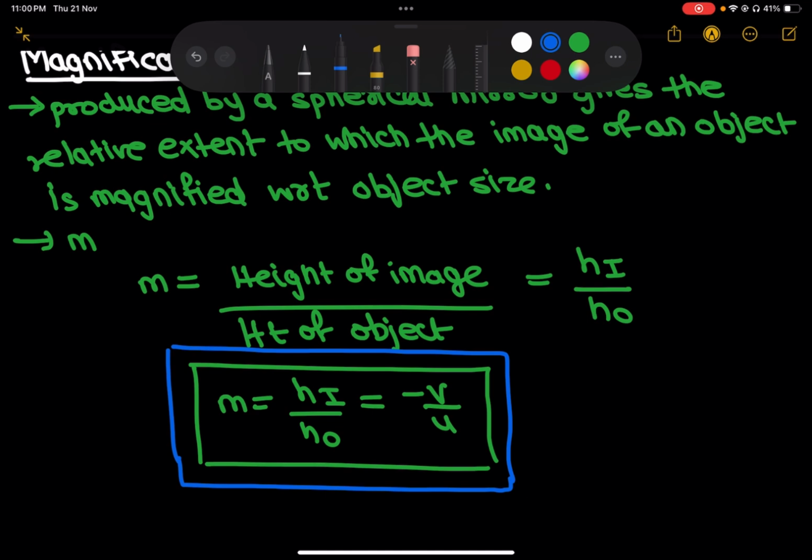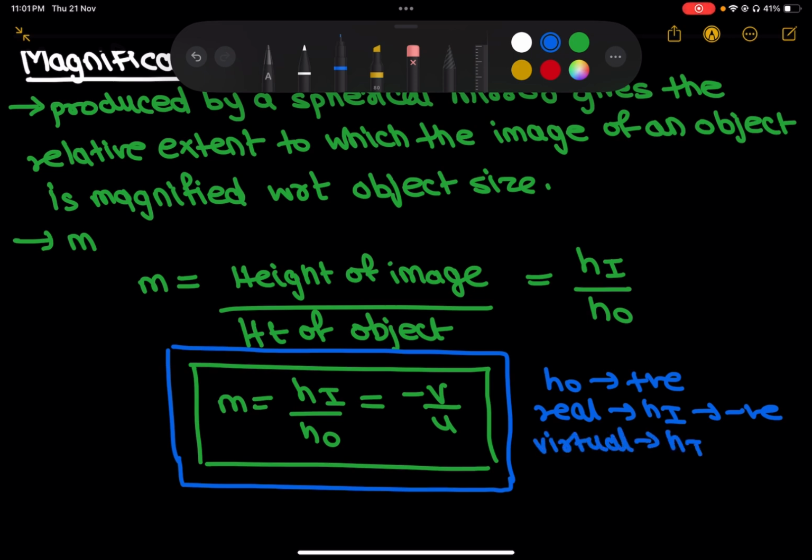Now, the height of the object is always positive. The height of image should be taken positive for virtual images and negative for real images. So for real, hi will be negative; for virtual, hi will be positive.